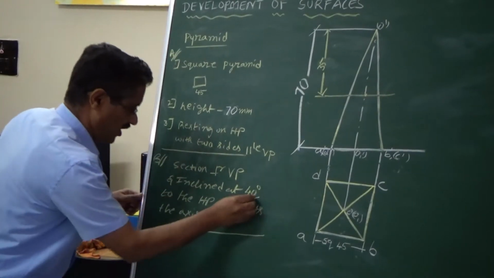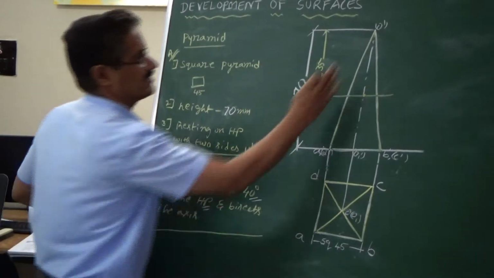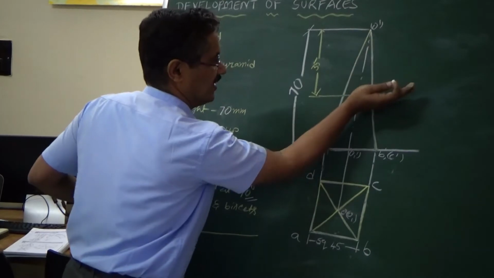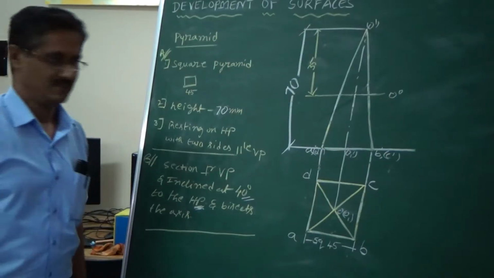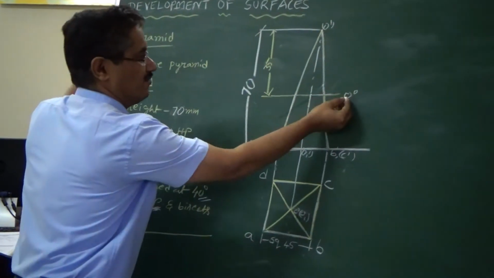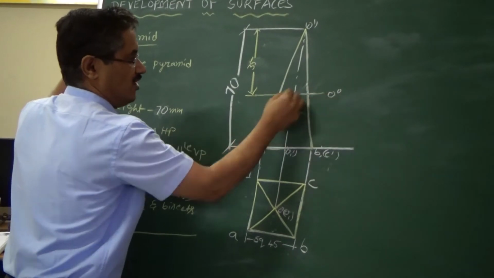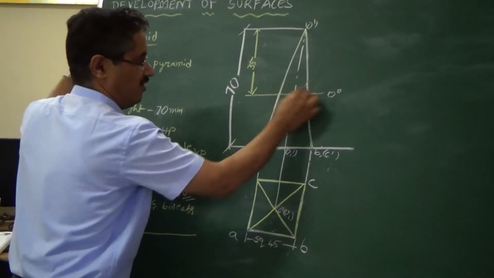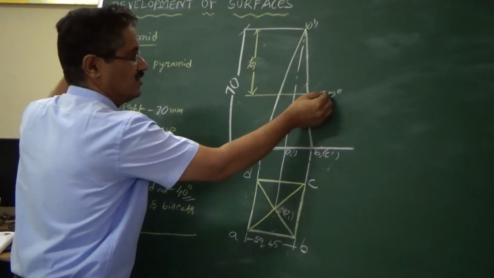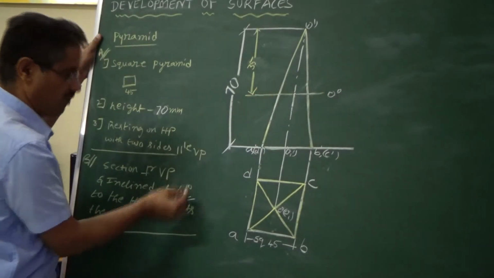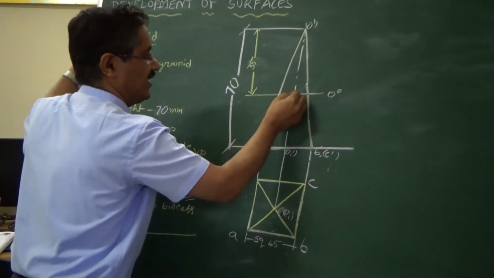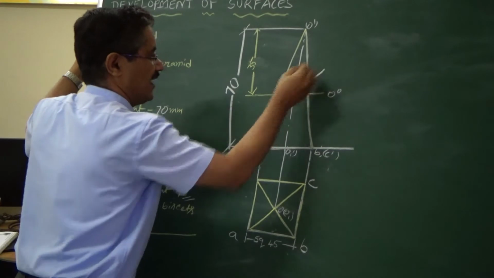40 degrees to what? To the base, not to the axis. If it is the axis, it will come like this. If it is the base, it will come like this. From 0 degrees, that is from the horizontal line that you draw from this bisecting point, you have to mark 40 degrees: 10, 20, 30 like that. So 40 degrees may come like this.